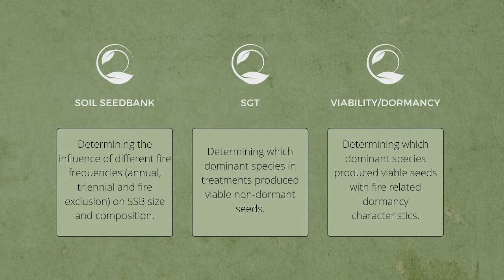Species that did not germinate well in the standard germination trial were tested for viability with tetrazolium testing. If they had high amounts of viable seeds but did not germinate well in the standard germination trials, they went through to dormancy breaking trials where they were exposed to fire-related dormancy cues.